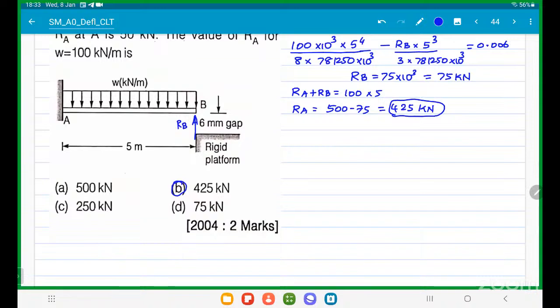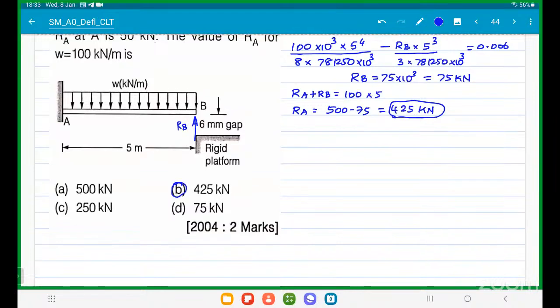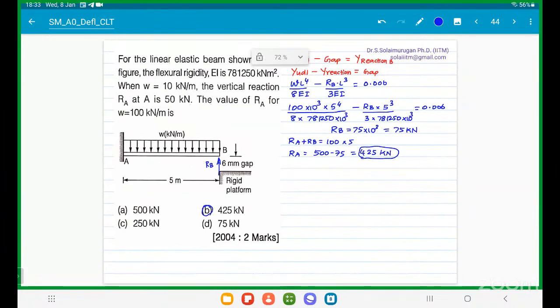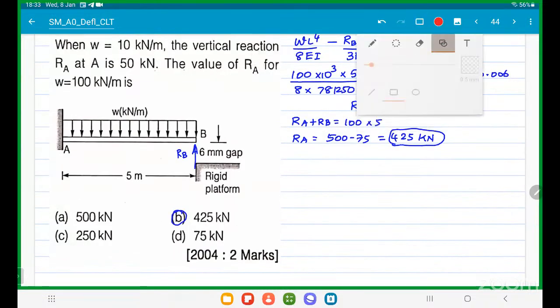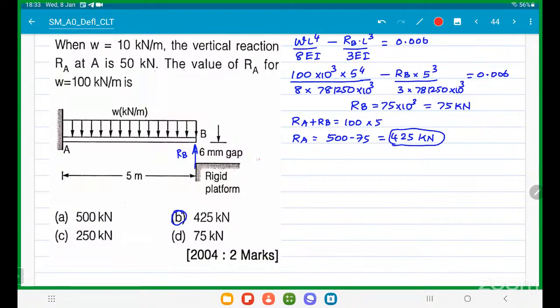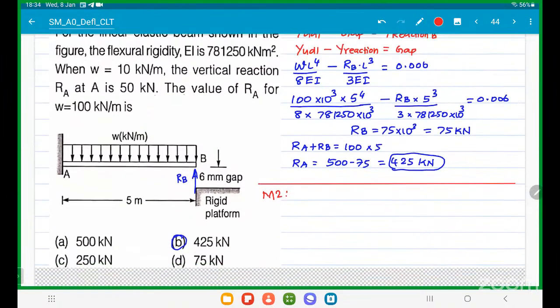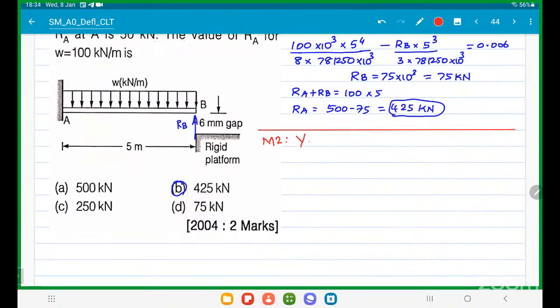Another method, you can think in the other way also. First I am calculating the free deflection. Be ready for calculation. Y UDL free equal to small w L power 4 by 8 EI.